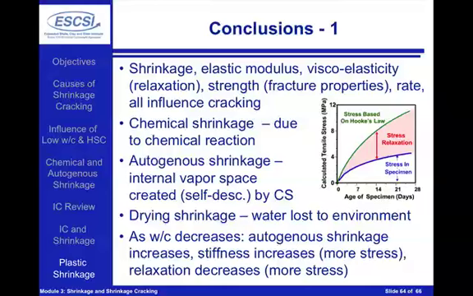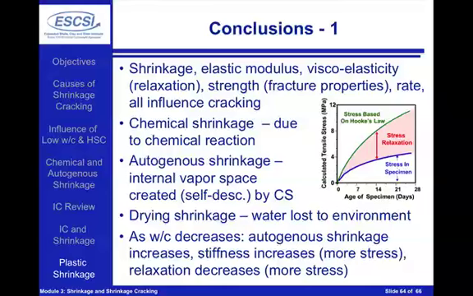We also know that it's very important to talk about the different types of shrinkage that can take place inside of the system. Chemical shrinkage will simply be a volume reduction that occurs because of the chemical reaction between water and cement. Chemical shrinkage occurs as the cement reacts and as the cement hydrates. Autogenous shrinkage is a portion of the chemical shrinkage.